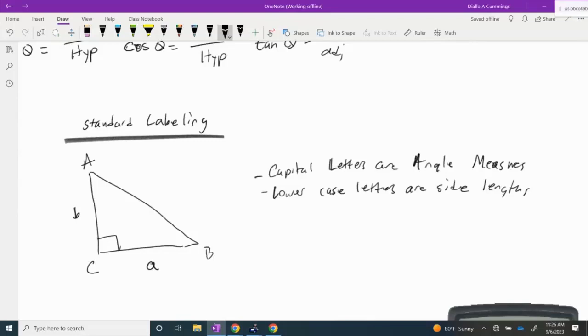And here we have angle C. The side opposite angle C is side length C, a lowercase c. So if you're not given a triangle, the triangle is using standard labeling.